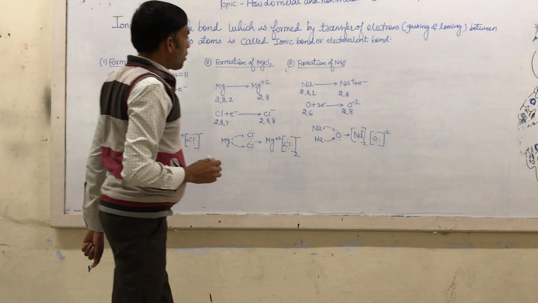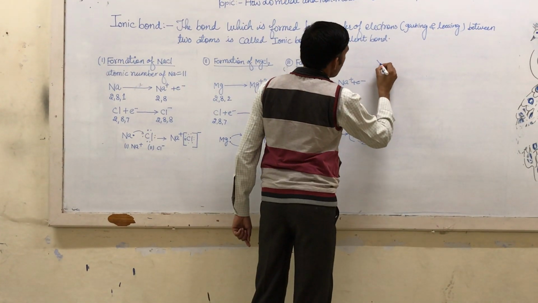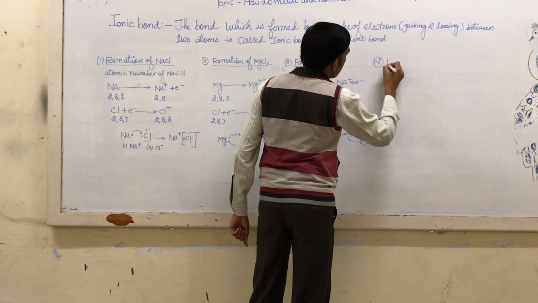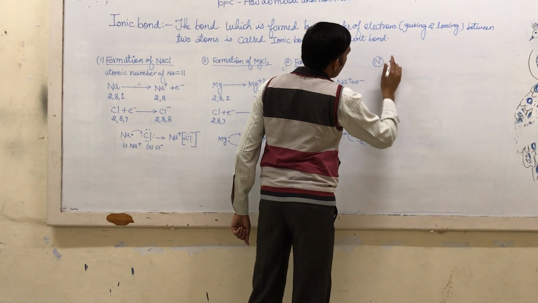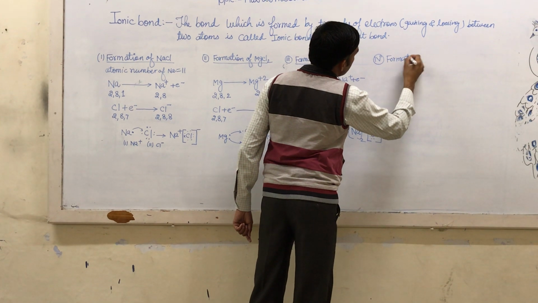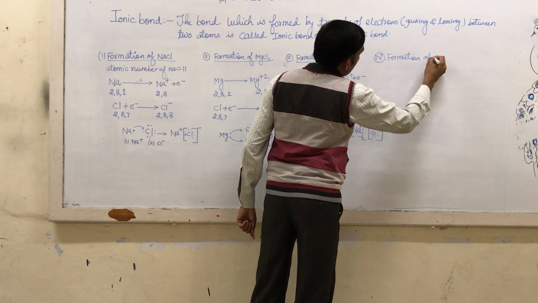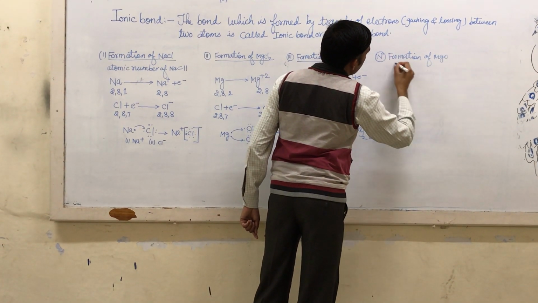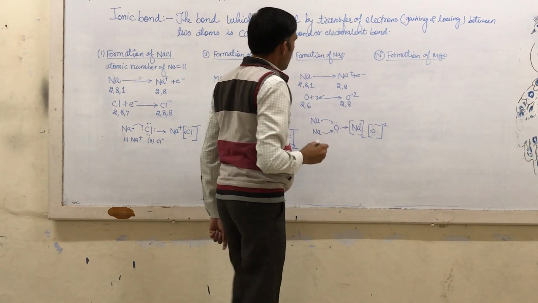And the third compound is magnesium oxide. Formation of MgO.